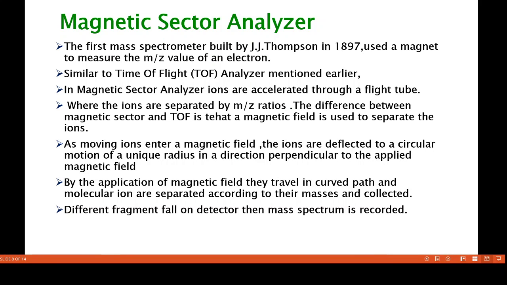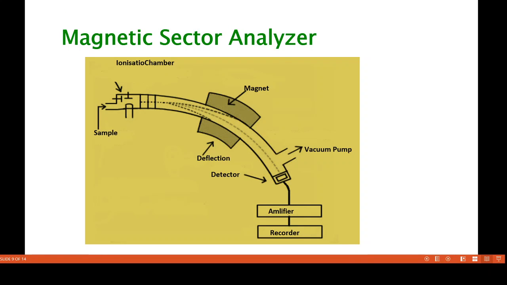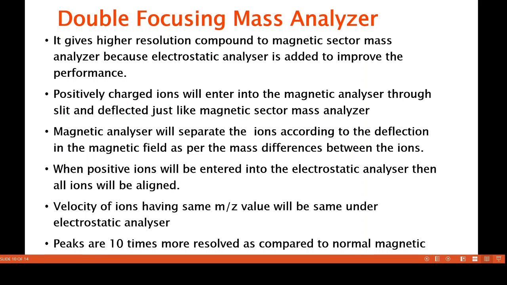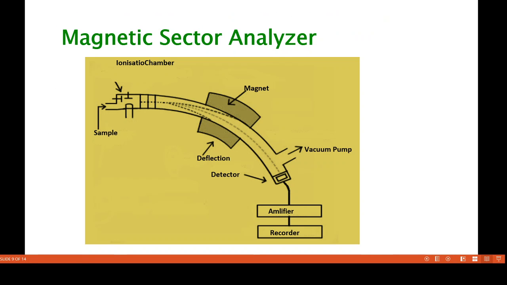That means by the application of the magnetic field they travel in a curved path and molecular ions are separated according to their masses and they are collected in the detector. Okay, so this is nothing but the magnetic sector analyzer. So with this we complete the magnetic sector analyzer.